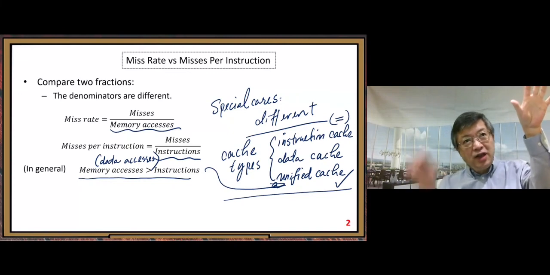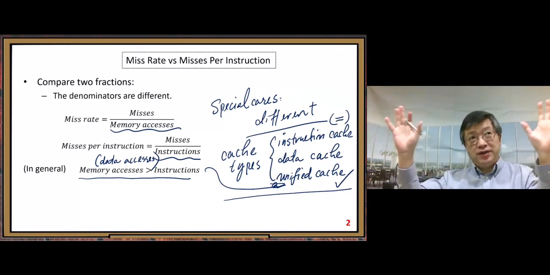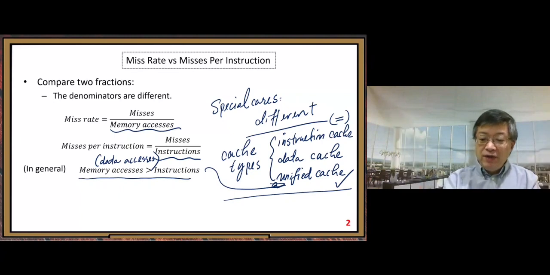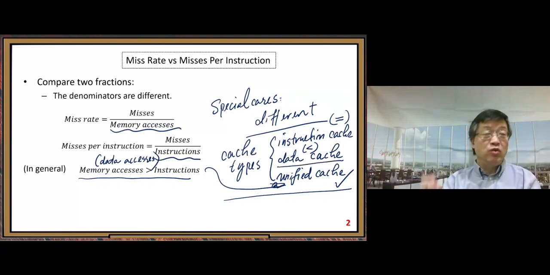Memory accesses equal instruction accesses because we exclude data accesses. But for data cache, that number is less than. Memory access means only data accesses because for data cache we exclude instruction accesses.